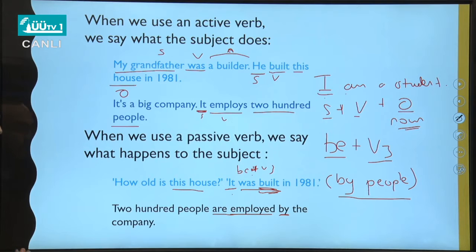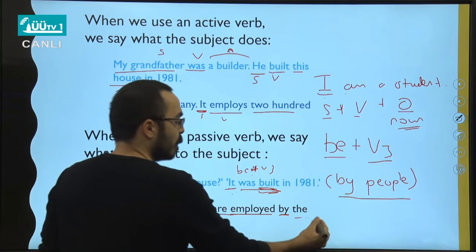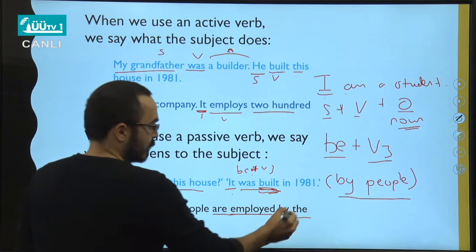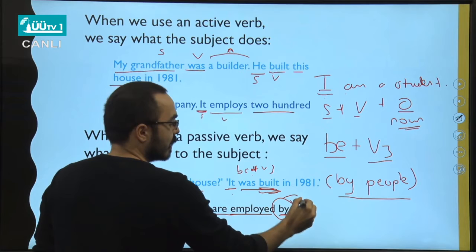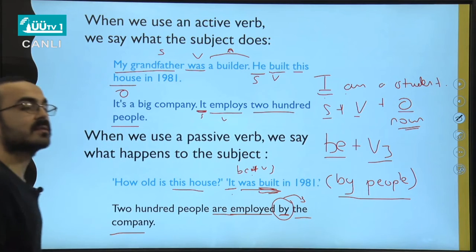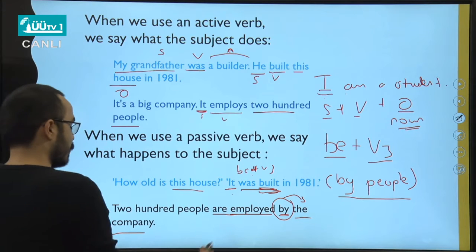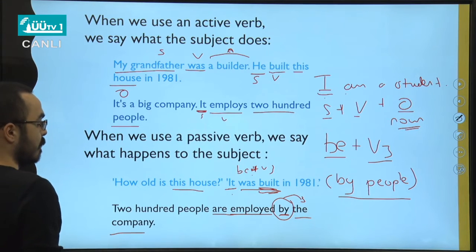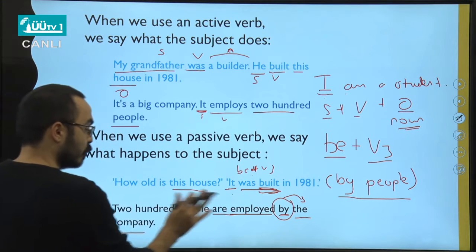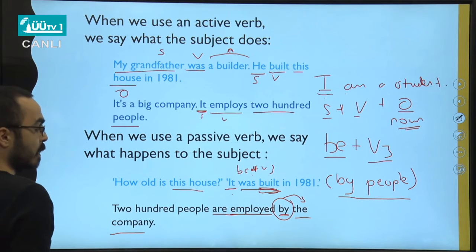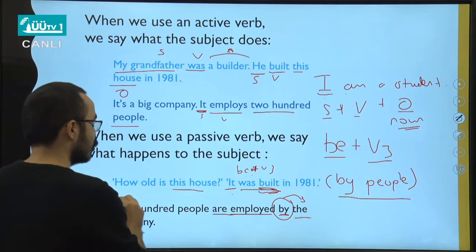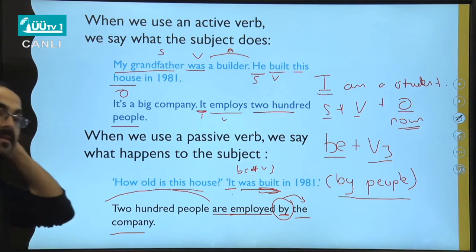That's the question actually. Okay, the company, right? As we know, after by tells us who does this action, who performs this action, right? Good. By the company. This is my subject actually, and this company employs people, right? 200 people. And who are employed? 200 people, right? My object actually.